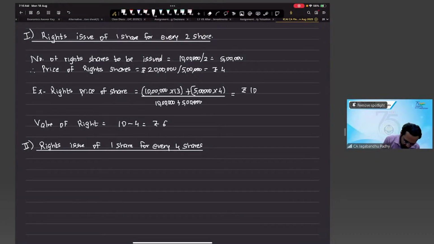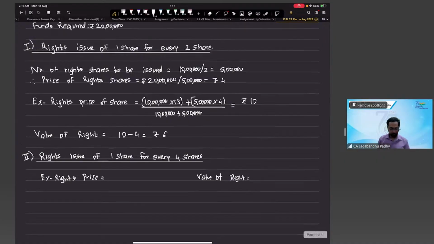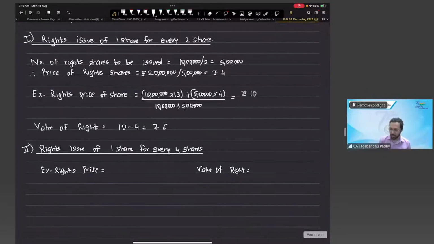Over here, can you tell me what will be the ex-rights price? I want you to calculate this part. Give me the ex-rights price and also the value of the right.